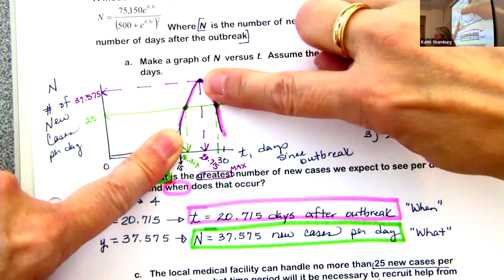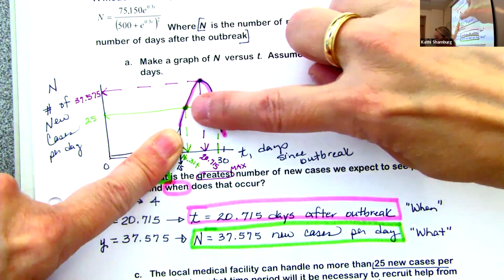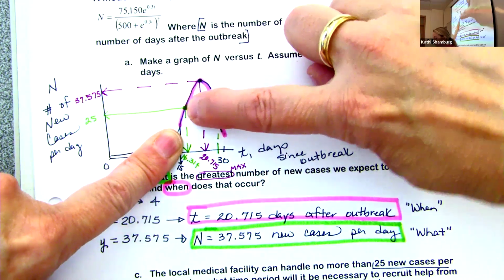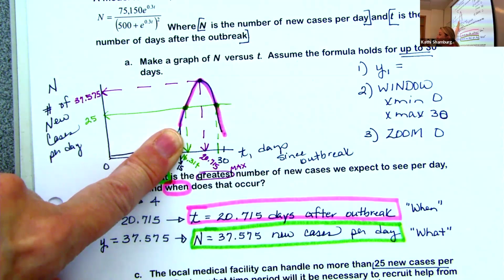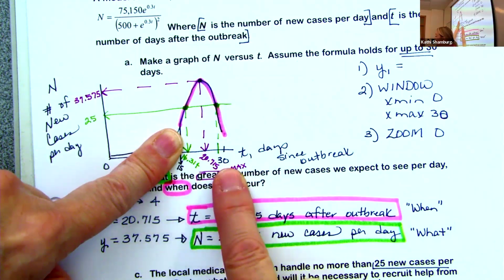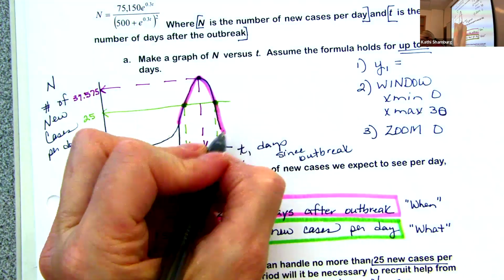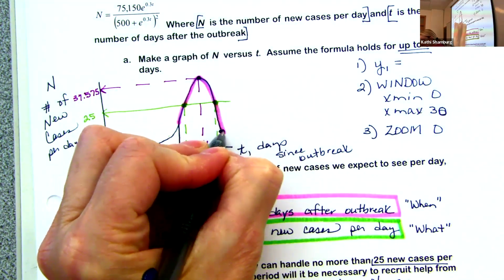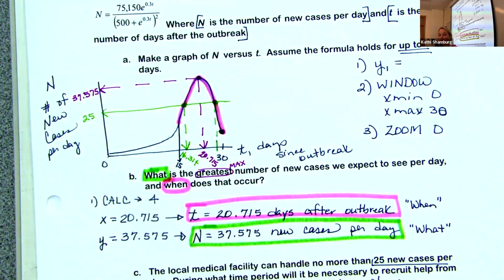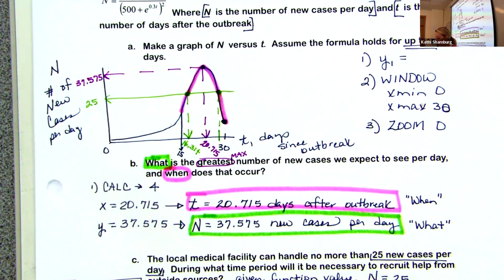Is this the lowest point? Is this the lowest point? No, look at your end points. Are your two end points the two lowest points? So you're talking about day 15 and day 30. Well, which one appears to be lower? Day 30.